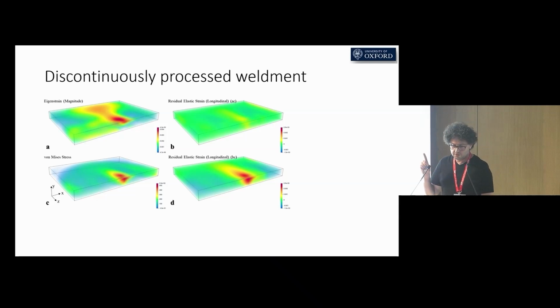According to results, we see that eigenstrains distribute around the weld zone. This is an expected thing. This theoretically validates what we did. In addition, residual stresses are calculated.